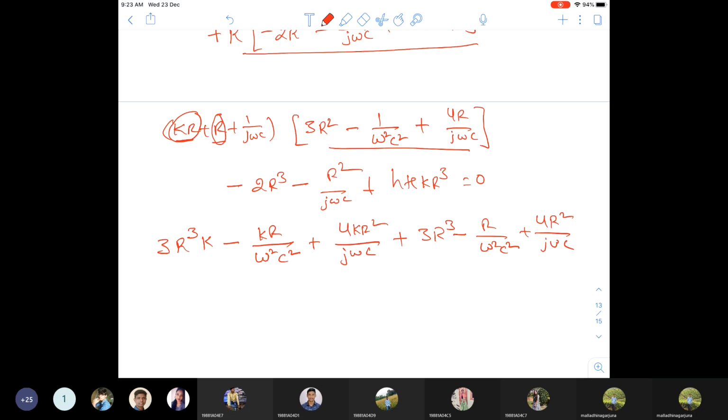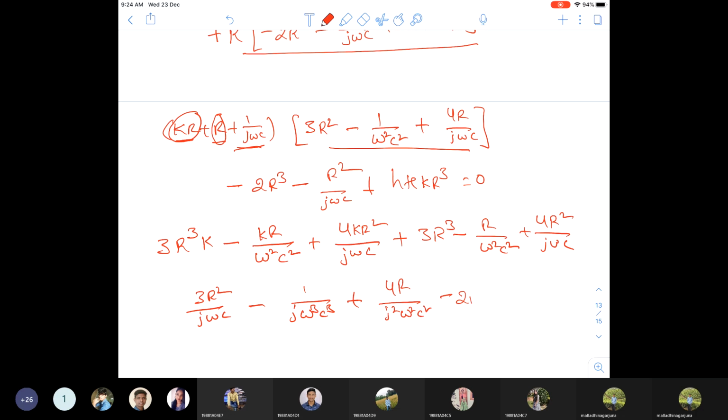So j omega c. Next, what will we get: 1 by j omega c multiplied: 3r square by j omega c minus 1 by j into omega cube c cube plus 4r by j square omega square c square. Any queries in this?